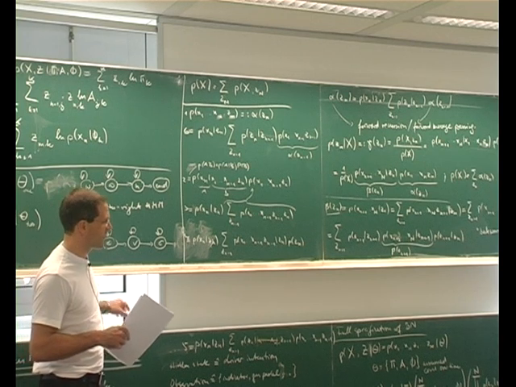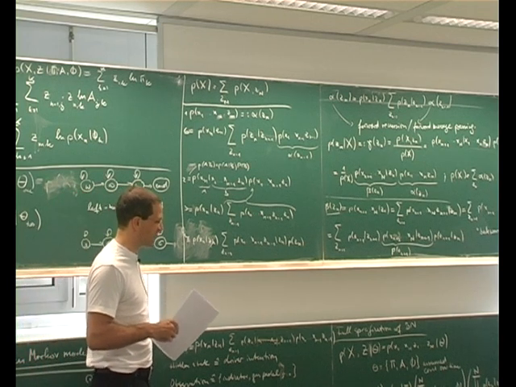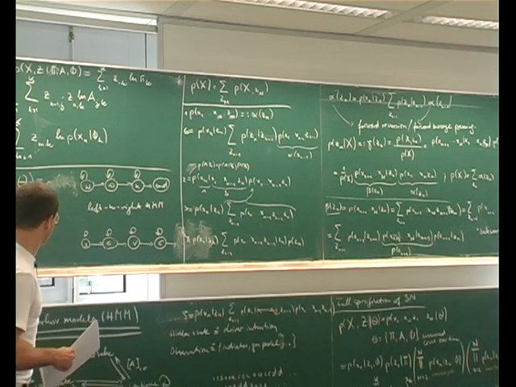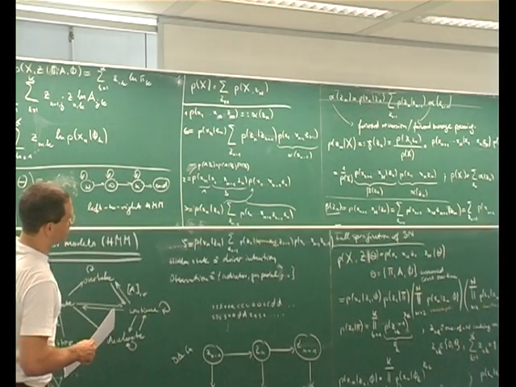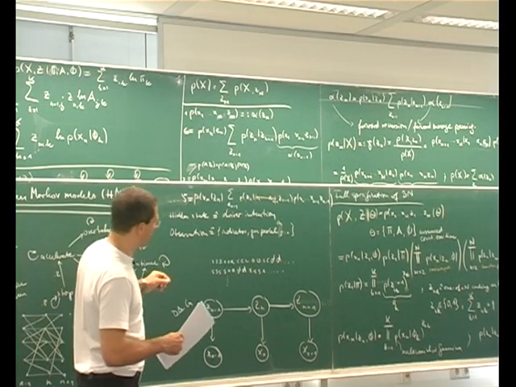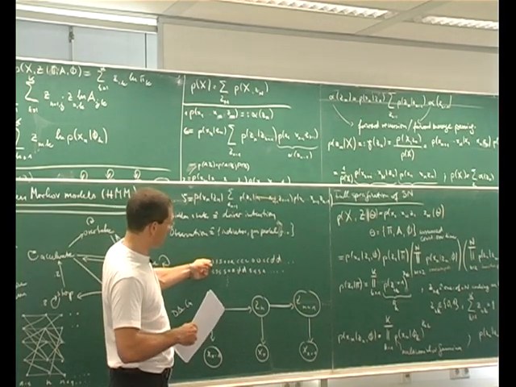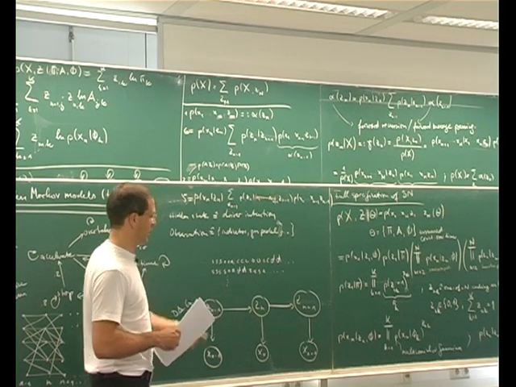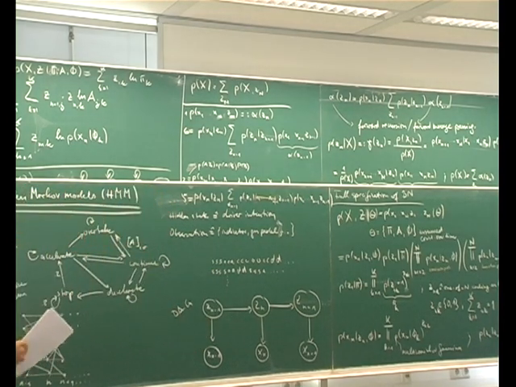So not just the different hidden states at each time, but all the sequences of hidden states. If we have a series of observations, it could be generated from this sequence, or from that sequence, or from one of the exponentially many other sequences that you can generate from such a model.